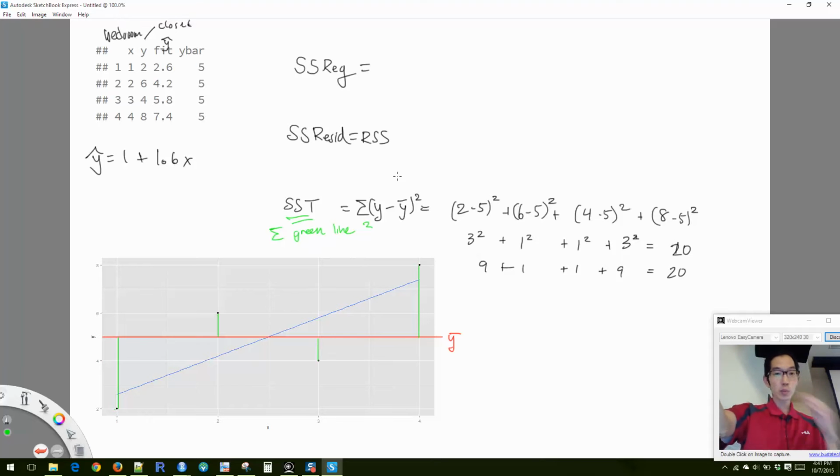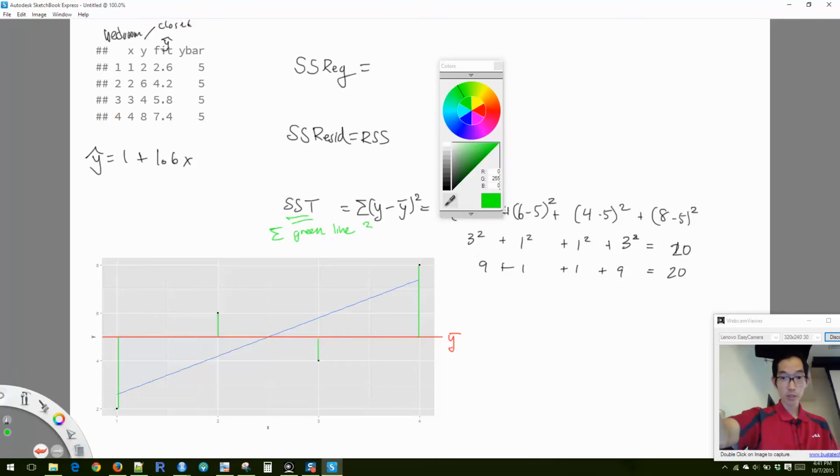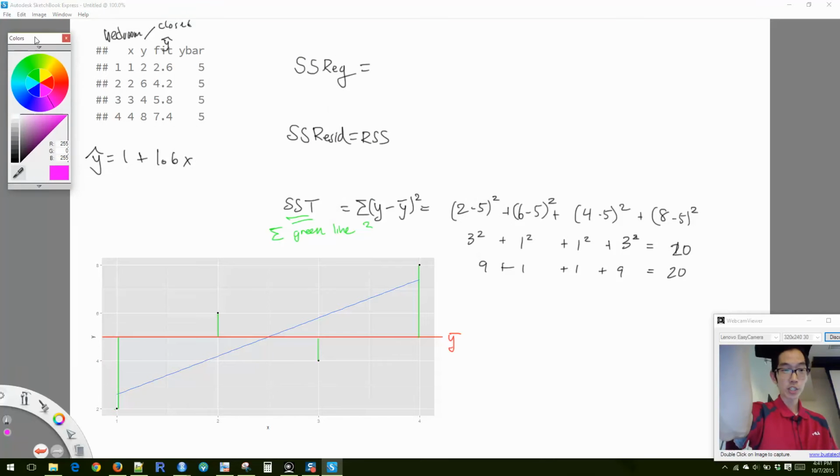So the sum of squares regression, though, let me see if I can find another color to use. So I'm going to use this purple or magenta or whatever. And we're going to say, okay, well, now that I know what x is, instead of predicting 5, I'm going to predict, that color looks exactly the same as red, huh?